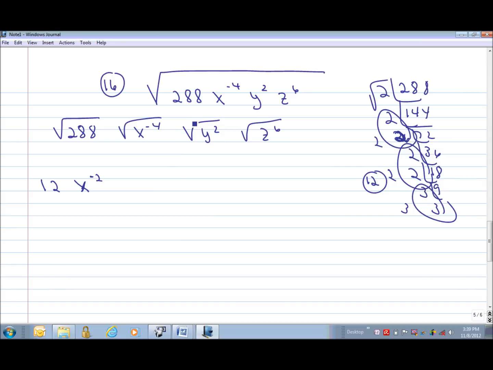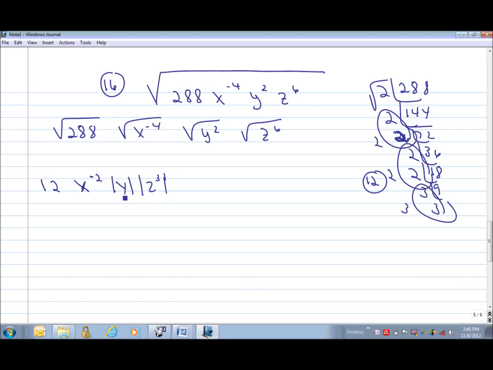When you have a square root of a square, you're going to pull out 1, and because it's only 1, we're going to put the absolute value there. And in the z's, you're going to pull out 3 of them, so z cubed. And because, again, it's an odd amount and it's an even root, we're going to make sure that we put absolute value bars there as well.